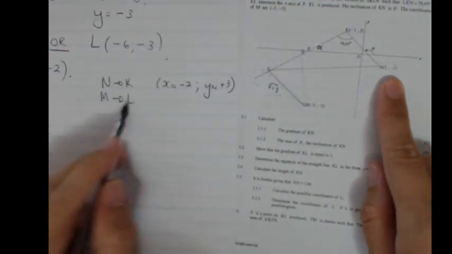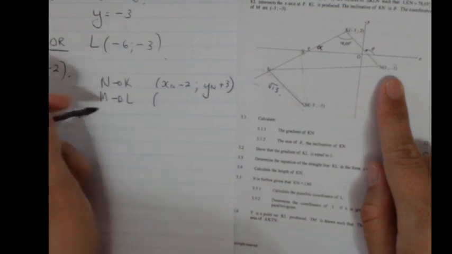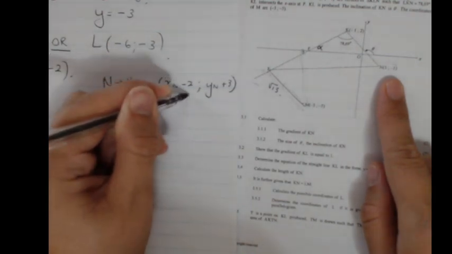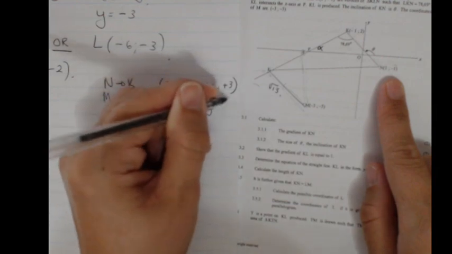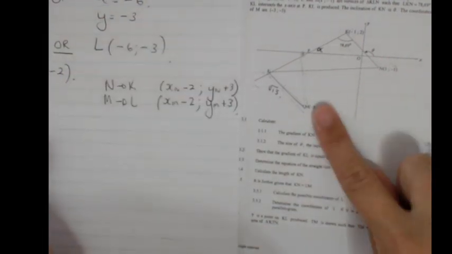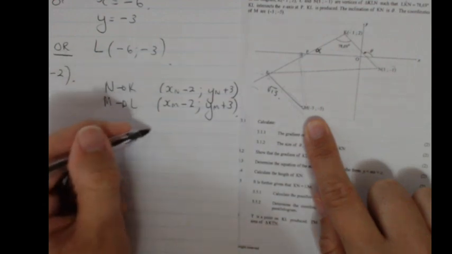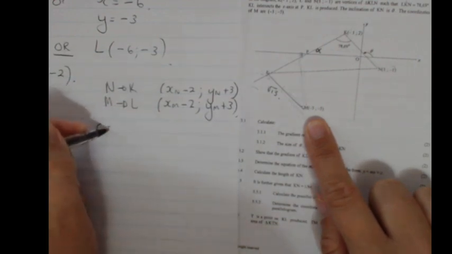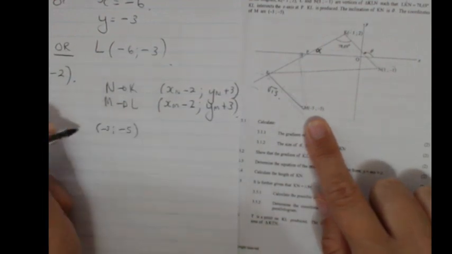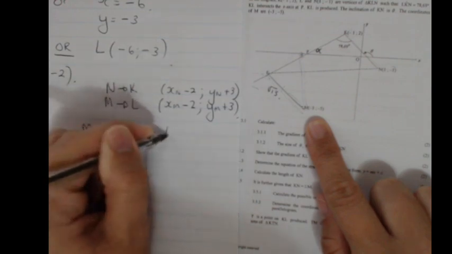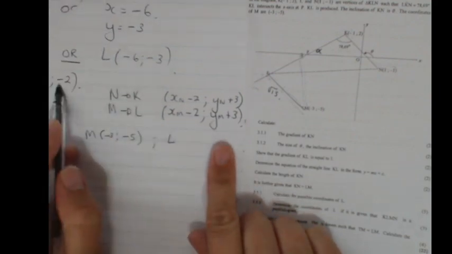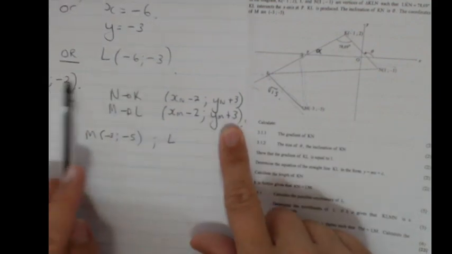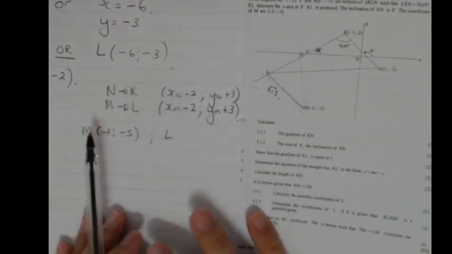So the same is going to go from M to L. I'm going to take the x value of M and subtract 2, and then the y value of M and add 3. So since M is negative 3, negative 5, L is going to be negative 3 minus 2, which is negative 5, and the y value is going to be negative 2. So you can write this as your calculations there.